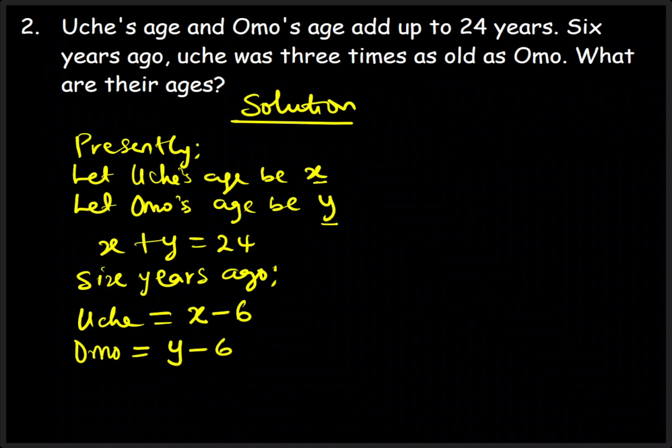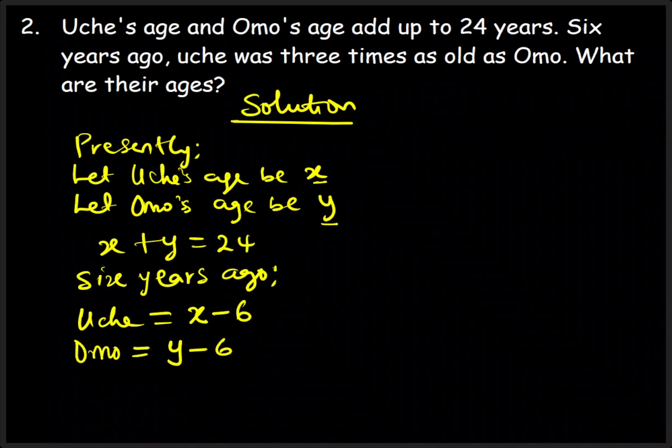Whether it is a variable that is a present age, you follow the principle. So with these ages 6 years ago, Uche was 3 times as old as Omo. Considering their ages 6 years ago, not present age, Uche was 3 times as old as Omo.